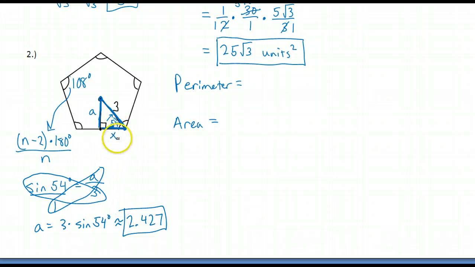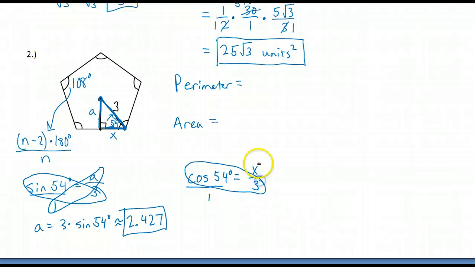To figure out X, I'm going to use cosine. Cosine of 54 degrees equals my adjacent side, X, over my hypotenuse, 3. Put this over 1 and cross multiply.